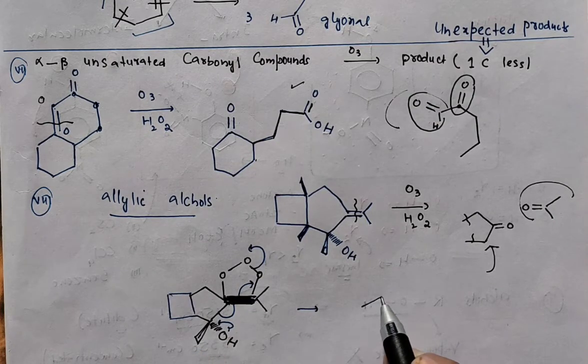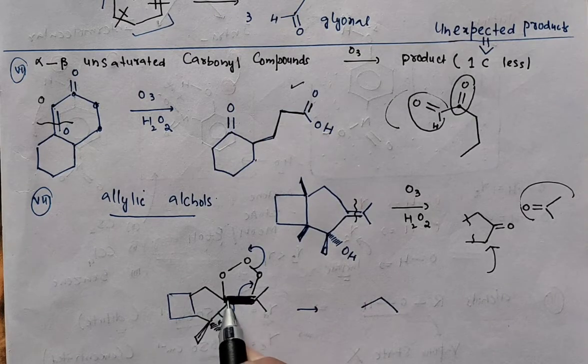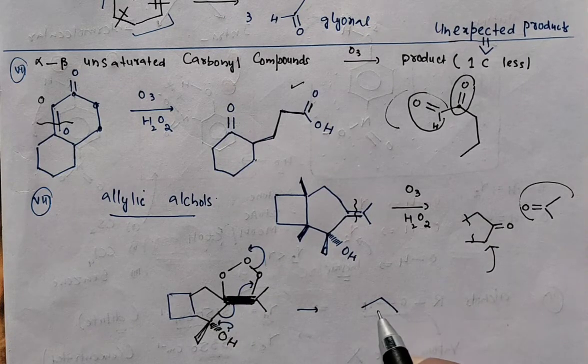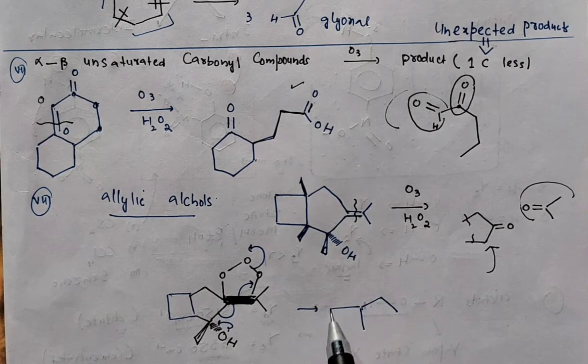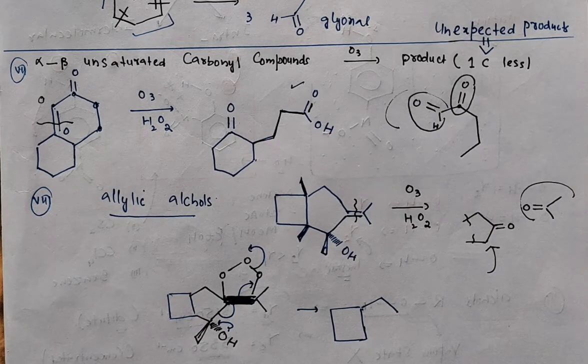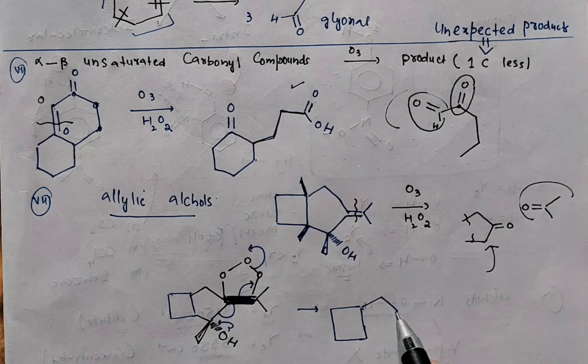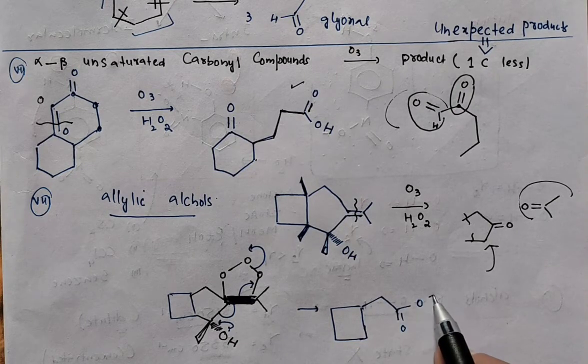So when you get this, you have the cyclobutane, then this is C, you have a carbonyl here, oxygen negative.